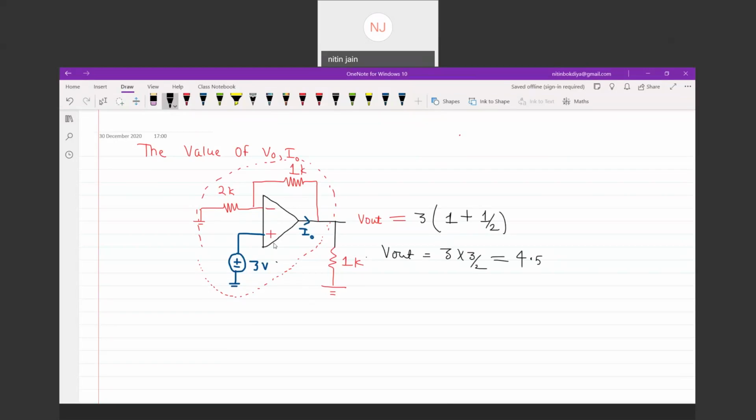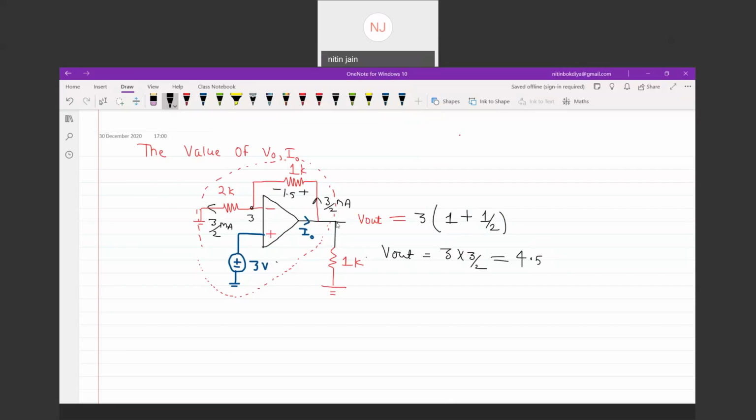And what is the value of current? This is 3 volt and here the current will be 3 by 2 milliampere. This 3 by 2 milliampere comes from here, so this is plus minus 1.5 volt, and this current is also 3 by 2 milliampere.